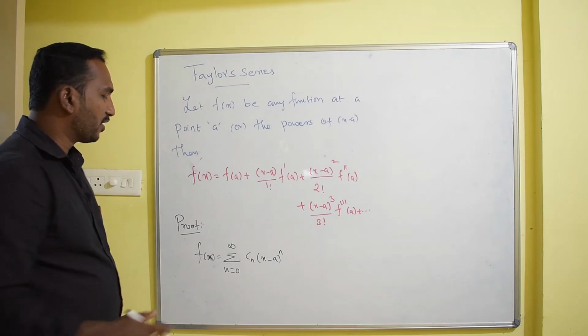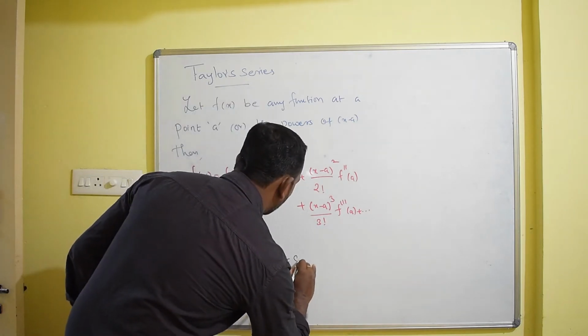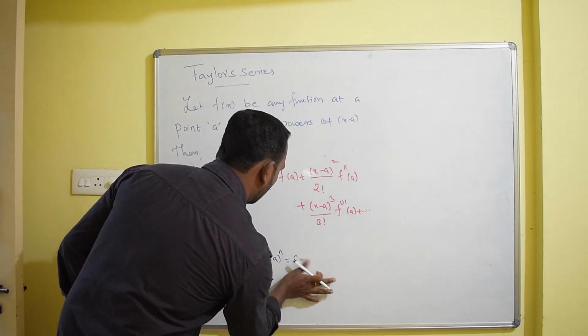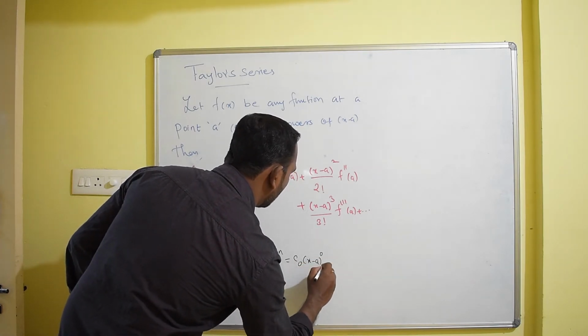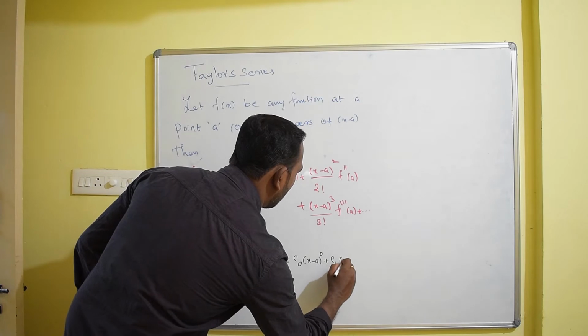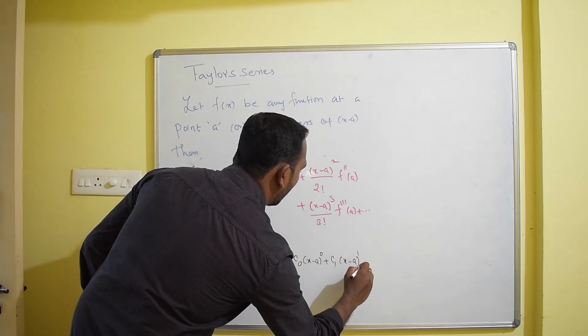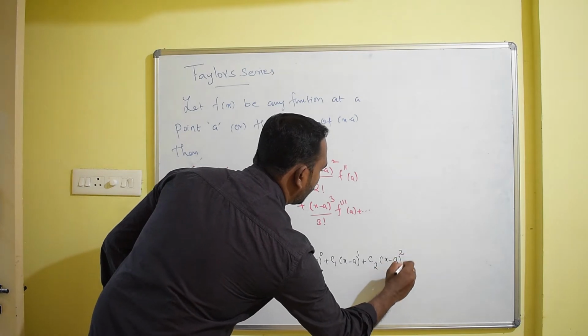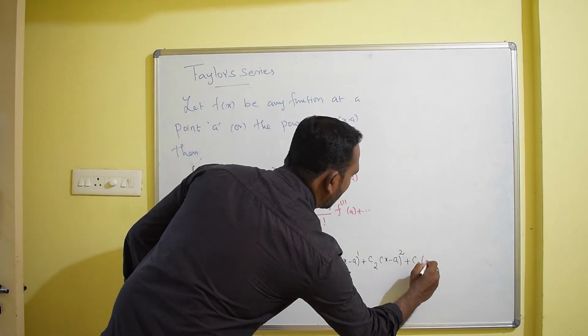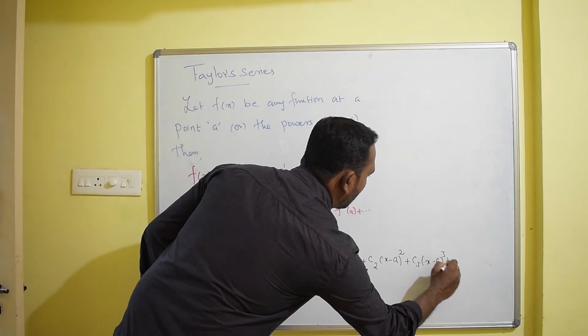If we expand it, this will give c0 (x minus a) power 0, then c1 (x minus a) power 1, c2 (x minus a) power 2, then c3 (x minus a) power 3, and it's going on.